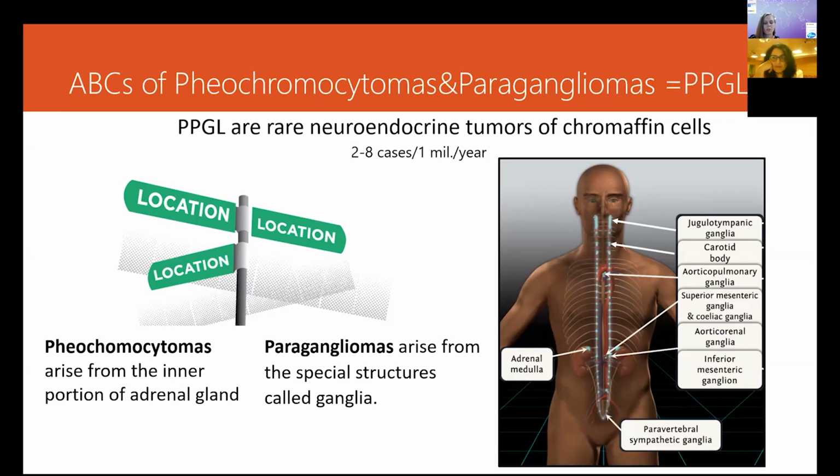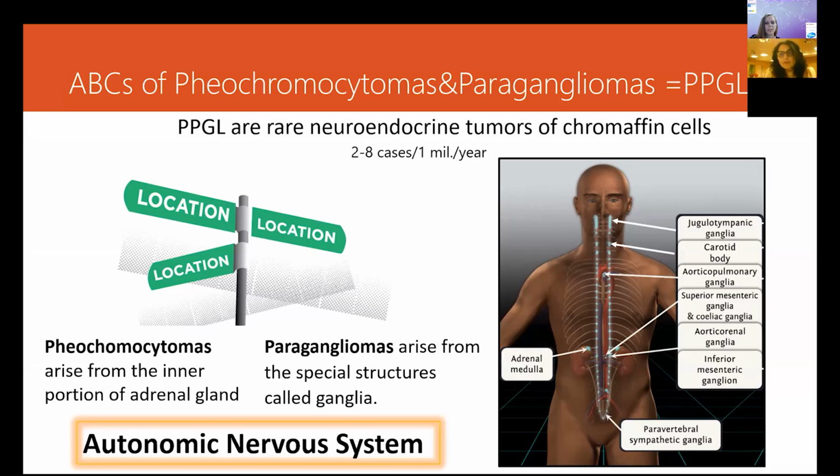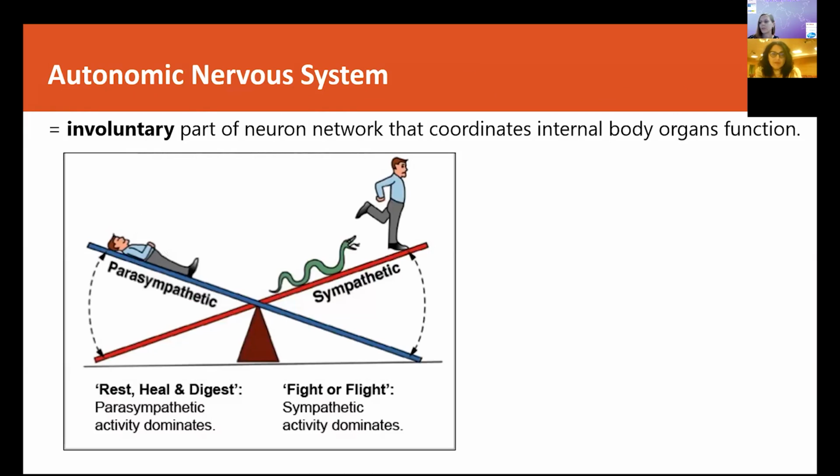Now, both structures, the inner part of the adrenal gland and ganglia, are important structures in the autonomic nervous system. And to understand the behavior of PPGL tumors, it's important to understand the function of the autonomic nervous system.